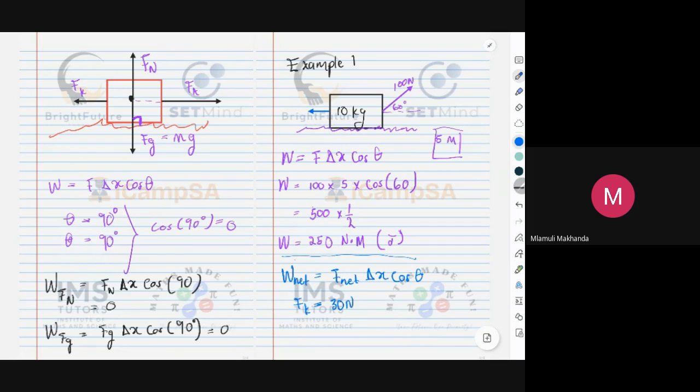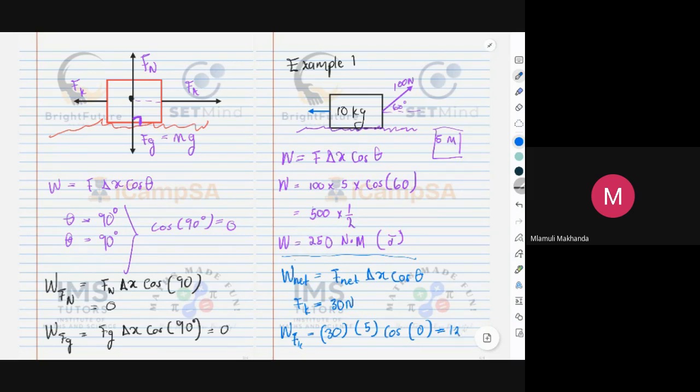We can simply calculate the work done by friction: 30 times 5, because the box has moved 5 meters, times cos theta. Since this angle is 0, it's cos 0. So why are we saying cos 0 in this case? This is because the angle between friction and the surface is 0. That's why we're saying cos 0.